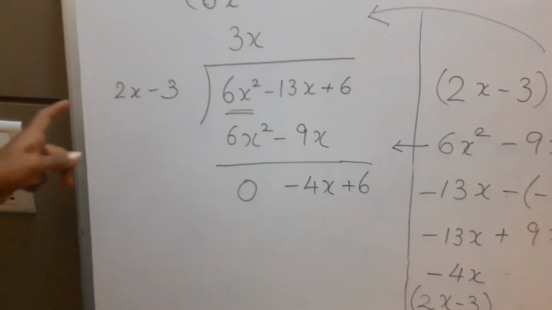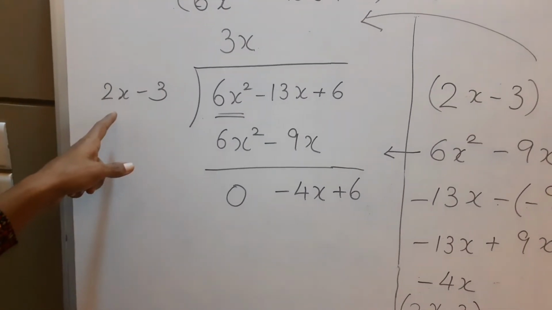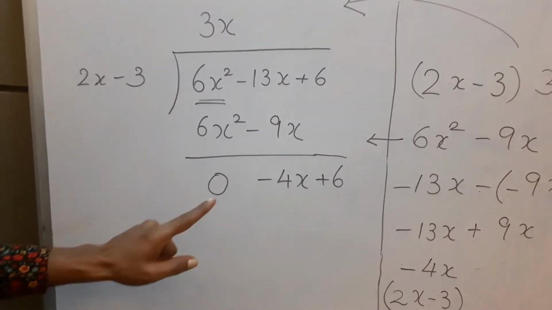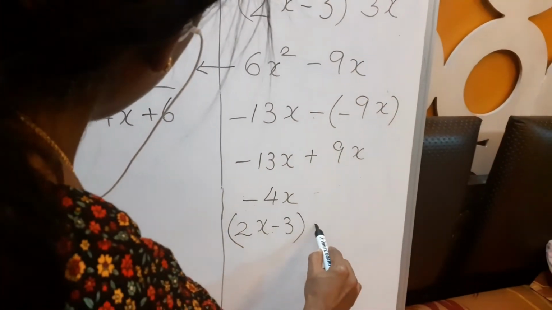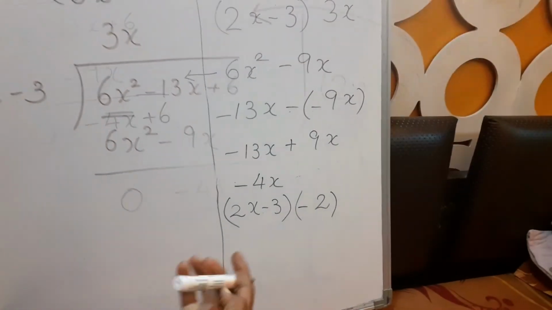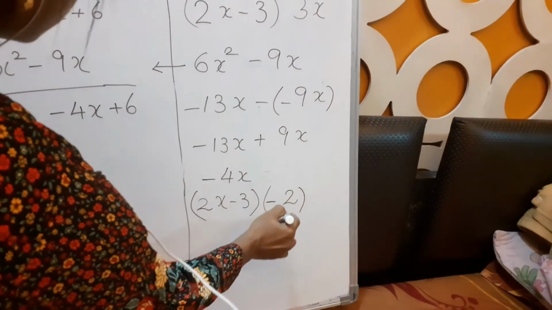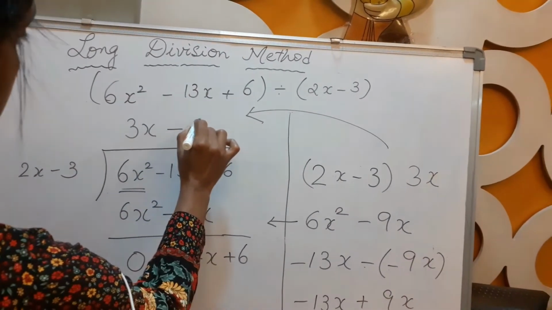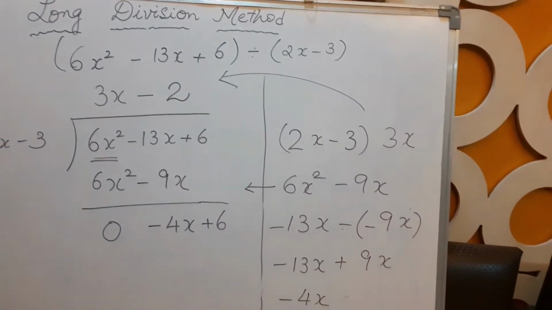Now what multiplied by 2x will give you minus 4x? That is nothing but minus 2. And this minus 2, once you have written it here, you immediately transfer it to your quotient.